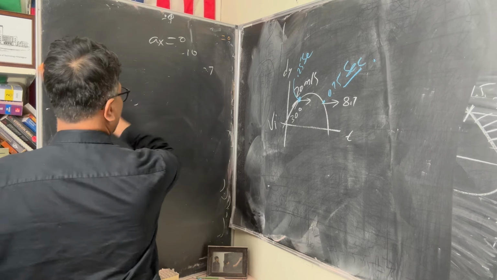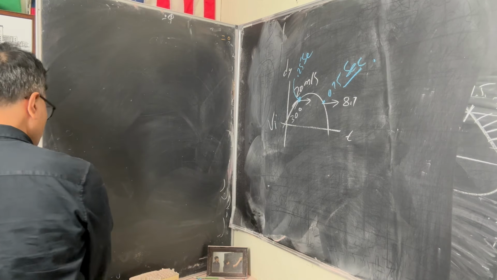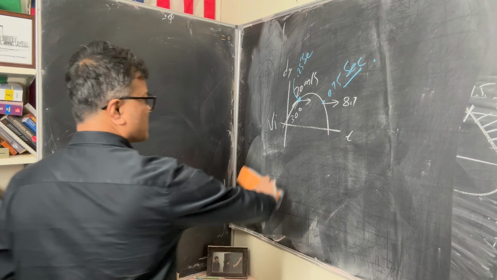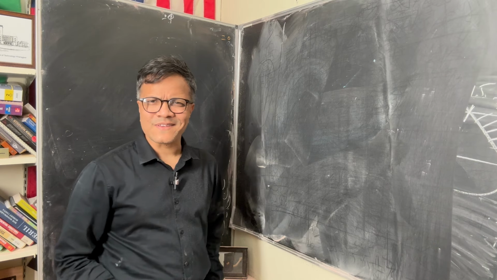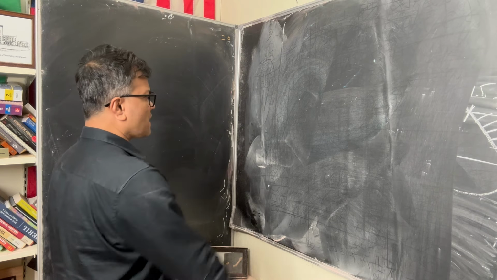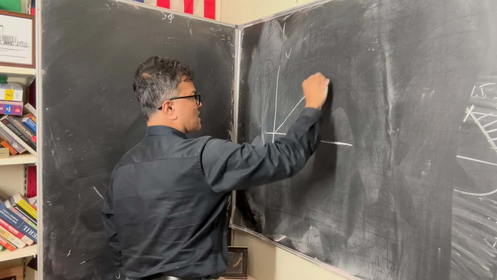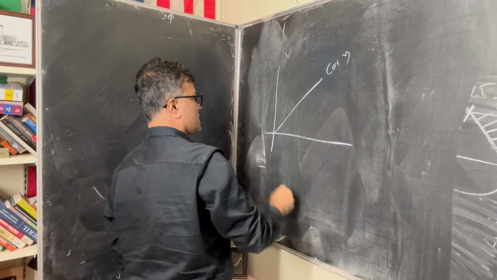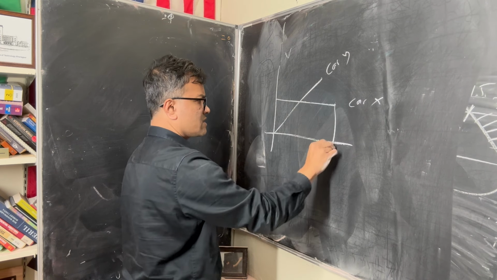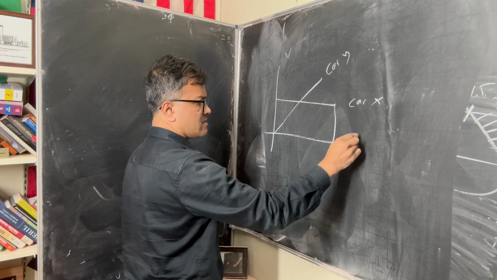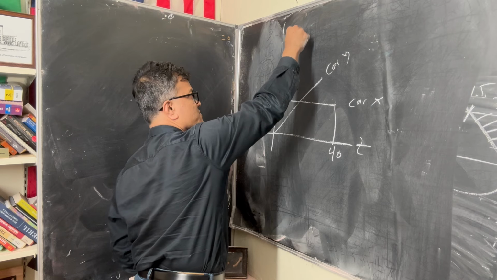Now we're going to do problem number 7. Problem number 7 has to do with two cars moving, one with acceleration and one with constant velocity. So I'm going to give car y, this is car x. We're going to call this one 40 seconds, this is t, this is v, meters per second.